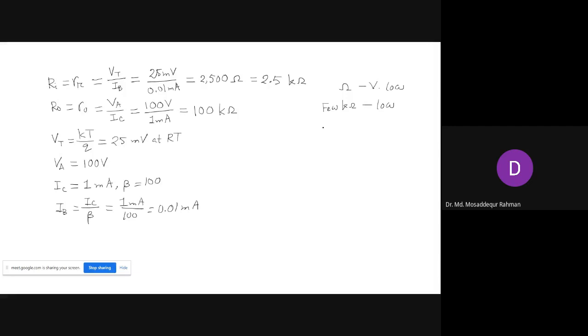And if it is tens of kilo ohms, about 100 kilo ohms, that is considered high. And if you have several hundred kilo ohms or mega ohms, that is considered very high.